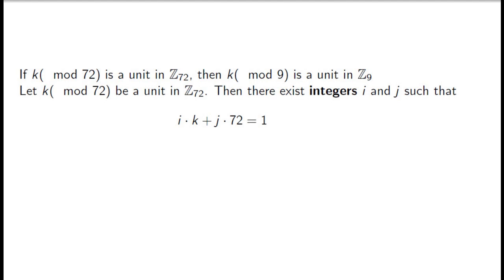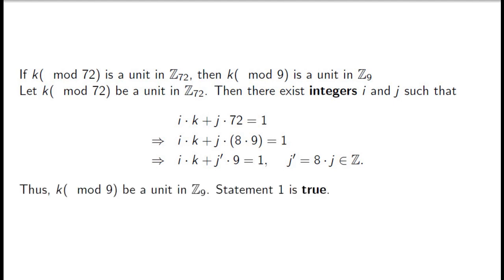And since 72 is equal to 8 into 9, this equation can be written as i times k plus j dashed times 9 equals 1, where j dashed is equal to 8 times j, which is again an integer. So by our result, k mod 9 is a unit in Z9, and hence statement 1 is true.